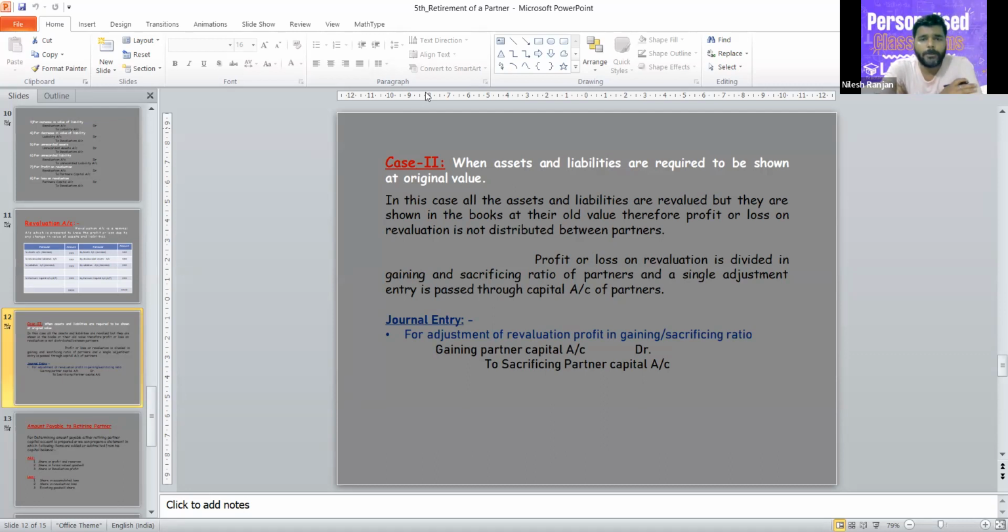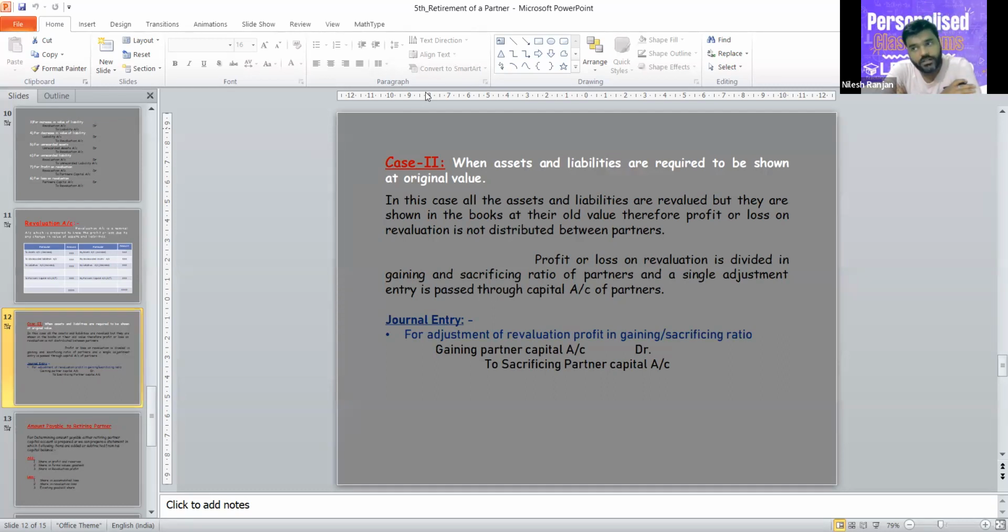Okay, so in this case, all the assets and liabilities are revalued, and we have to pass a single adjustment entry and distribute the profit or loss on assets in which ratio? Old ratio. No, in case 2, we have to distribute it in the gaining sacrifice ratio. Okay, sir.